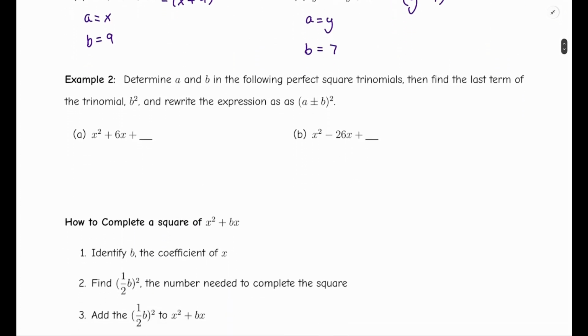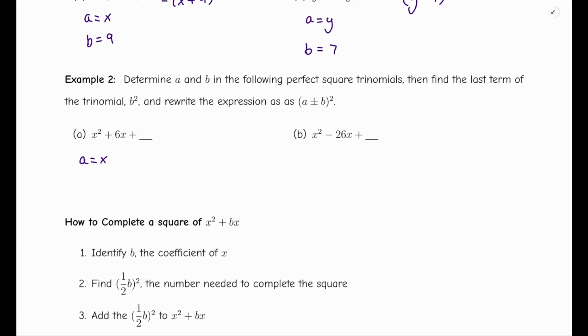Example 2. Determine a and b in the following perfect square trinomials. Then find the last term of the trinomial, b squared, and rewrite the expression as a plus b squared. Well, this time, a is still just as simple to find because a will be equal to x in the first part. But since we do not know what the third term is, we have to think a little bit about what b is equal to.